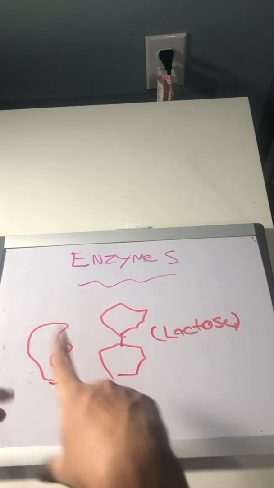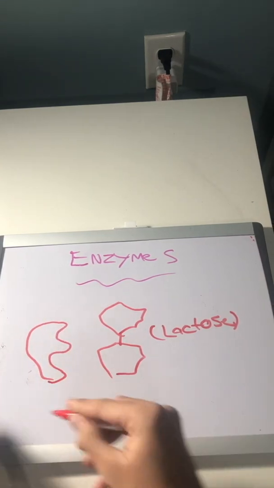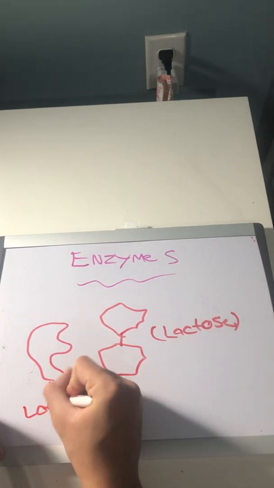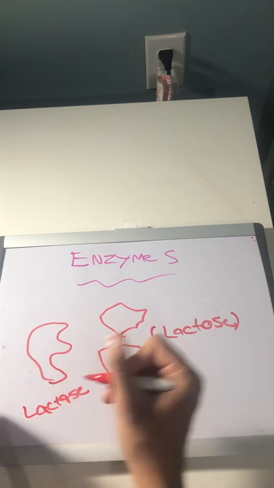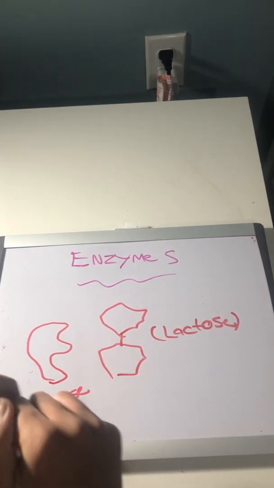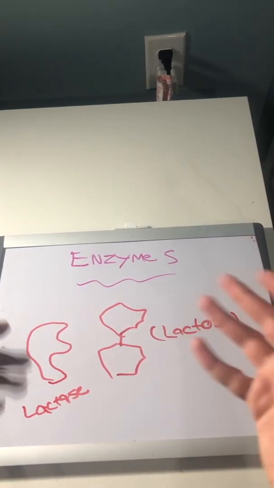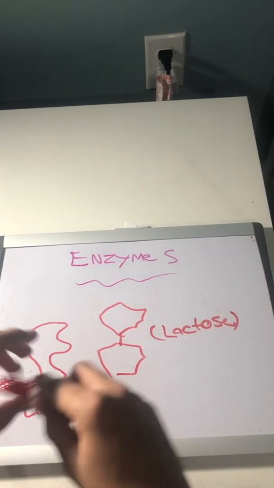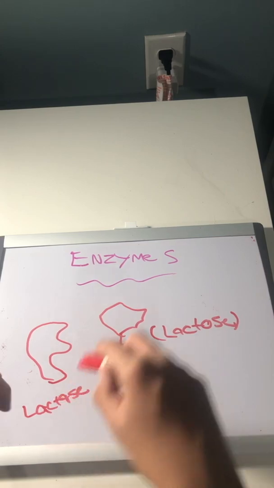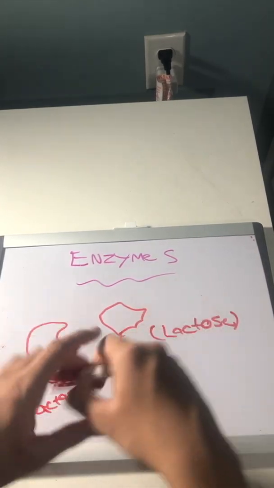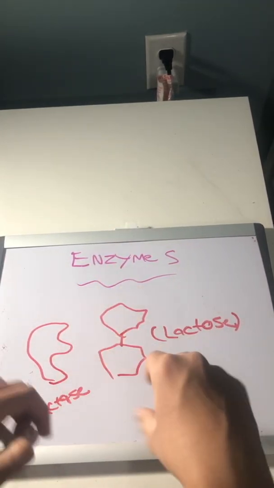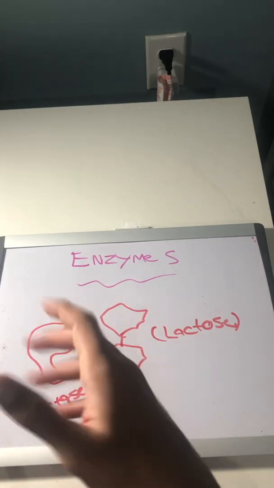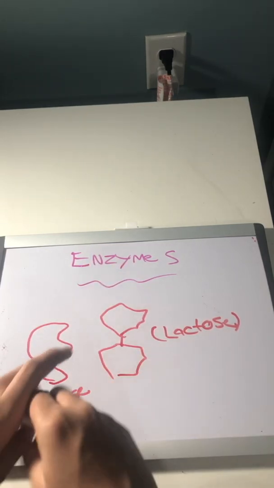This enzyme is called lactase. Our bodies cannot digest lactose as efficiently without lactase, because lactase has to break this disaccharide down, so our bodies can use it for many processes such as cellular respiration and other biological processes.